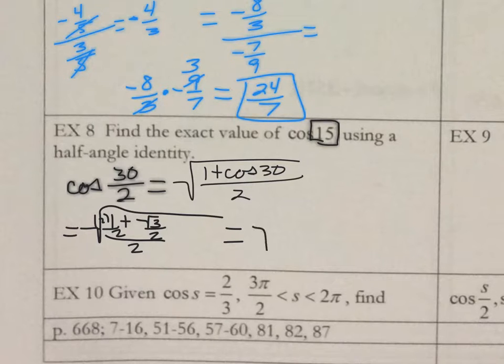So we'll have the square root of 2 plus the square root of 3 over 2 over 2, which really is the same thing as 2 plus the square root of 3 over 2 times a half.